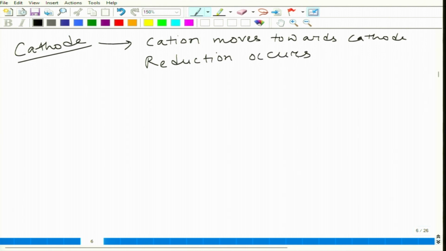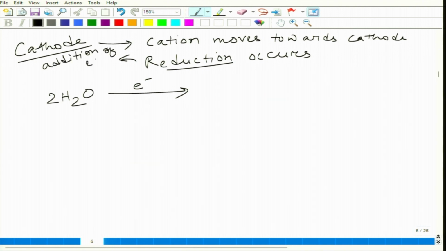Okay. So, here there were 2 moles of water. Okay. Reduction means addition of electron, right? So, this will form 2OH minus plus 2 free radicals of hydrogen.